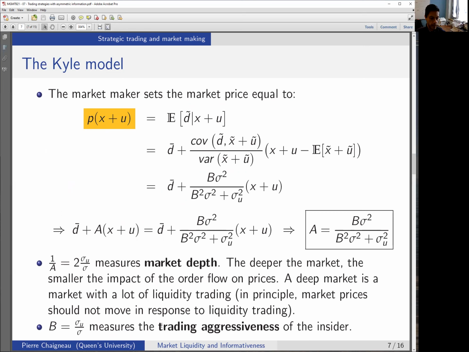So B is a measure of the trading aggressiveness of the insider. Is he going to buy a lot when he has some positive information, or is he going to sell a lot when he has some negative information about the value of the asset?